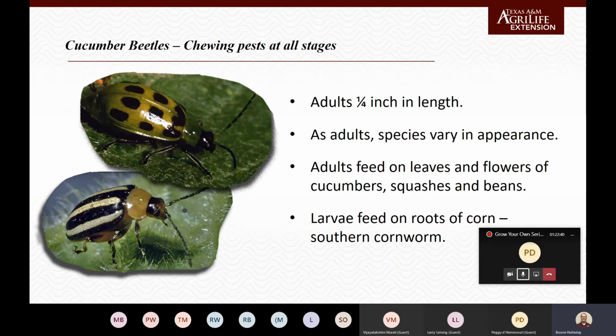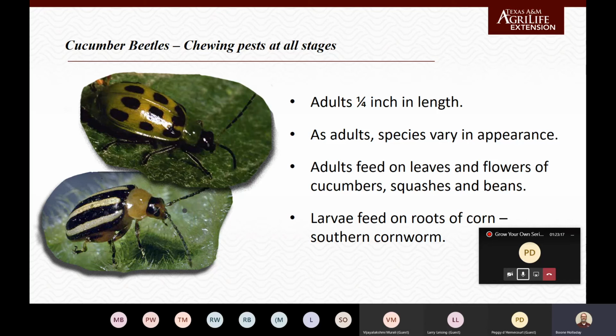Cucumber beetles, other beetles as well, do a whole lot of foliar damage. This here, the top one, we look at that, it kind of resembles a lady beetle, but just a little bit of research on your part, you'll know pretty quickly that this has more of an elongated thorax, and the winged part of the body where the dots are is elongated or more oval shaped compared to what we would see with our lady beetles.